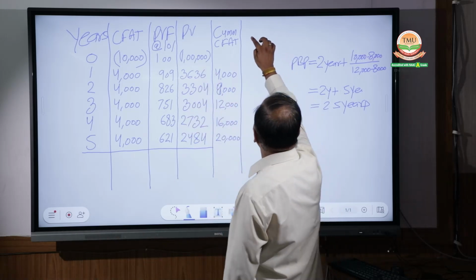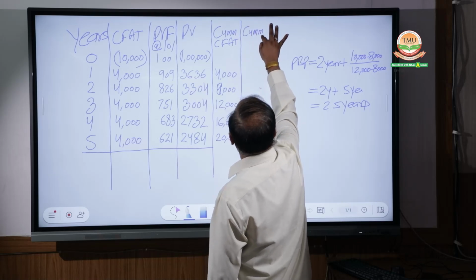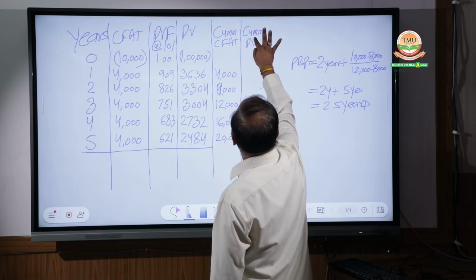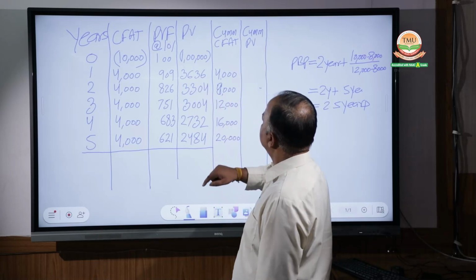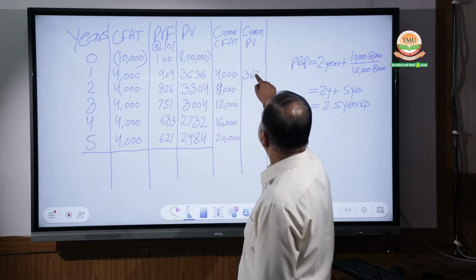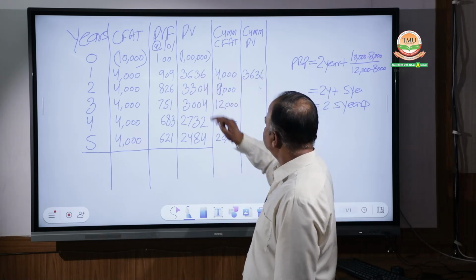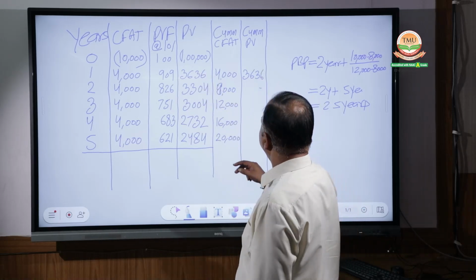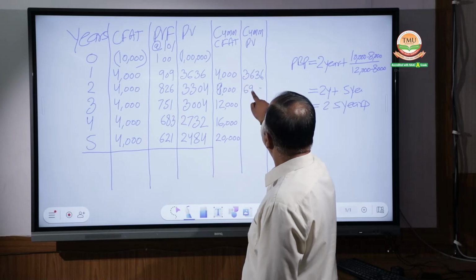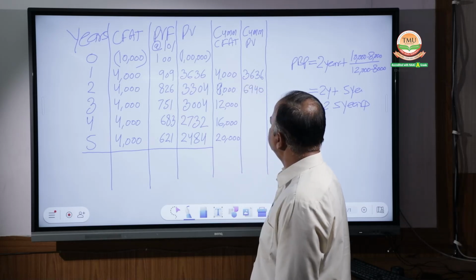So write down cumulative present value. Now first of all 3636. Add 3304. It will be 6940.